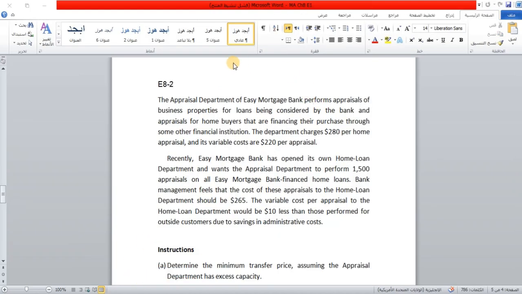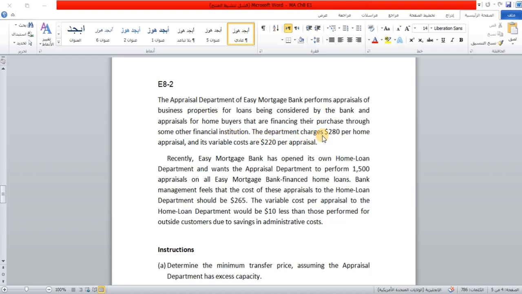Here, exercise: The appraisal department of Easy Mortgage Bank performs appraisals of business properties for loans being considered by the bank, and appraisals for home buyers that are financing their purchase through some other financial institution. So this appraisal service may be provided to internal customers or to outside customers.